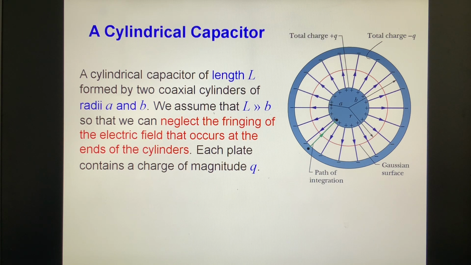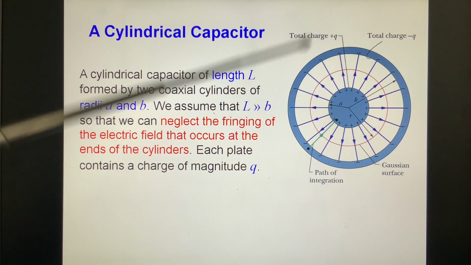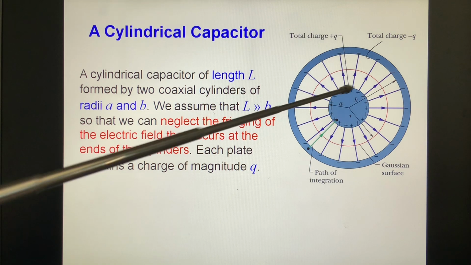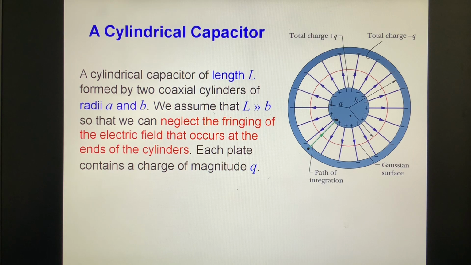Each plate contains a charge of magnitude Q. Inside is positive, outside is negative. Now, in order to find C, as usual, we suppose the charge positive Q, negative Q.